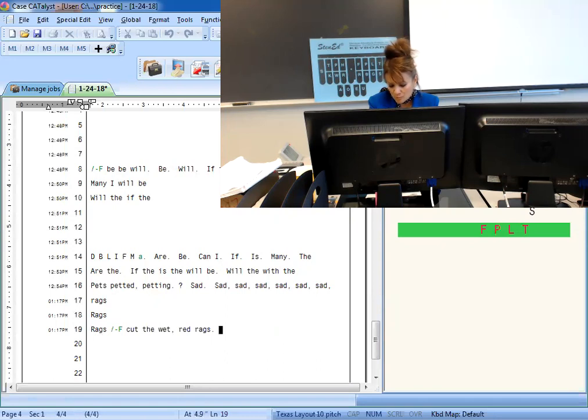The rug is soft. Is the rug soft? A rat is with the cat.